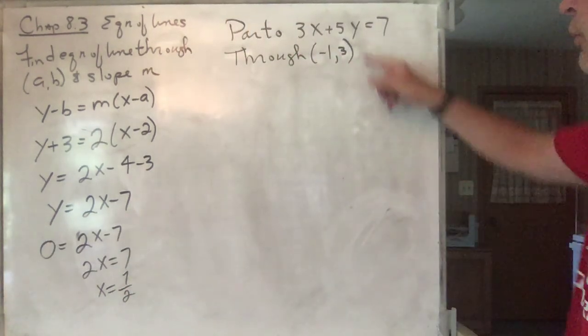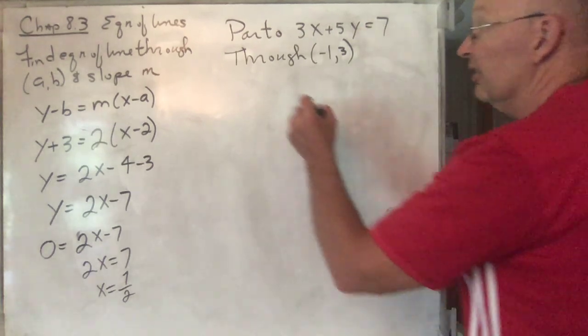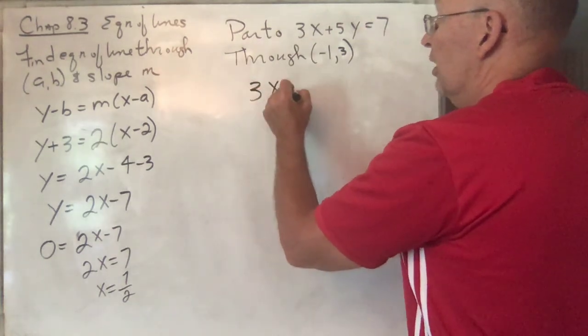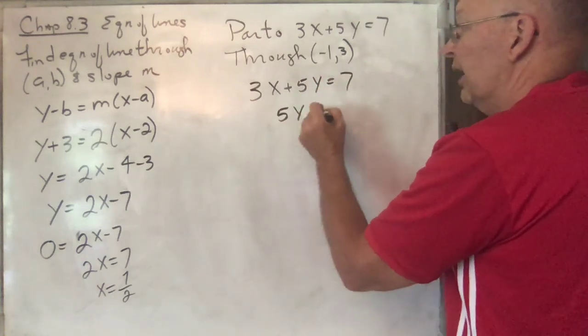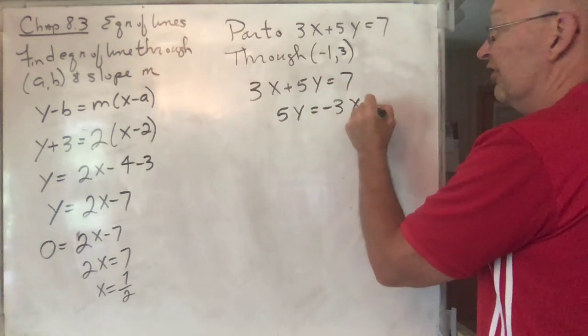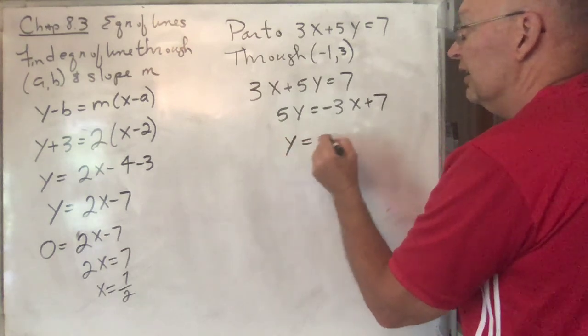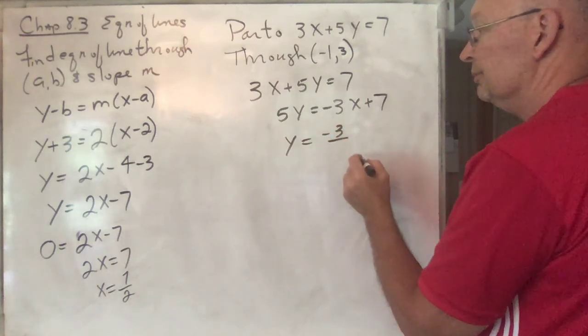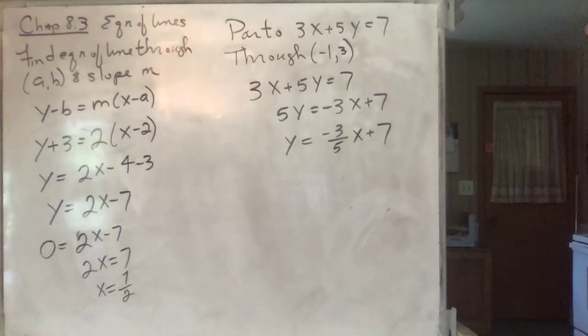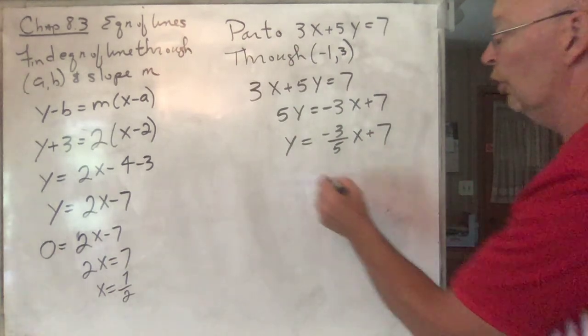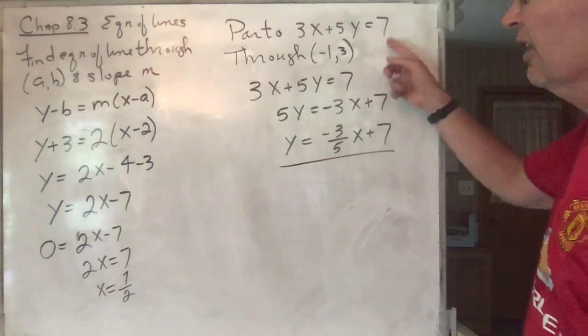So anyway, we need to find out what the slope of this is. So let's go 3x plus 5y is equal to 7. 5y is equal to negative 3x plus 7. So y is equal to negative 3/5 x plus 7/5. Agreed? So that's the slope of this line.